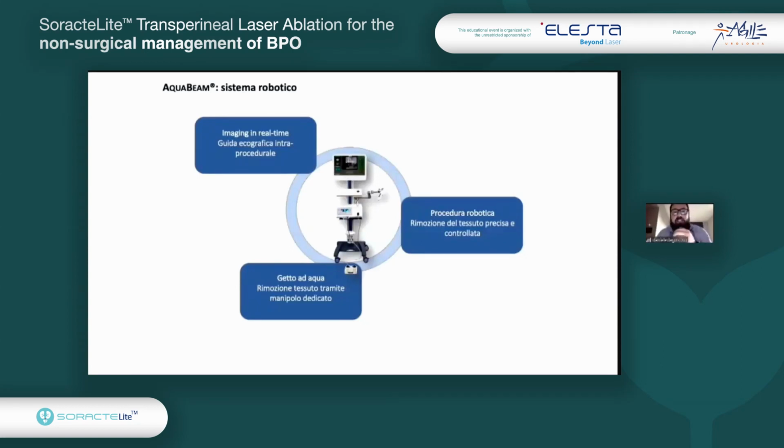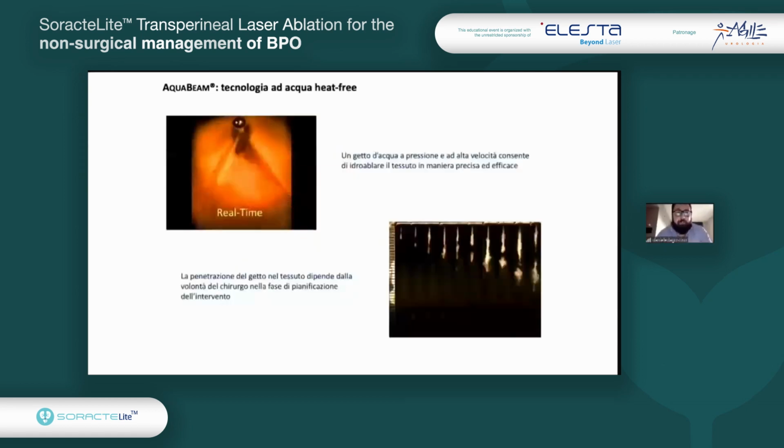The first, the imaging, the real-time check of imaging in the treatment; the robotic ablation of prostatic adenoma; and the energy, the water jet, a high-power water jet for ablation of prostatic adenoma.